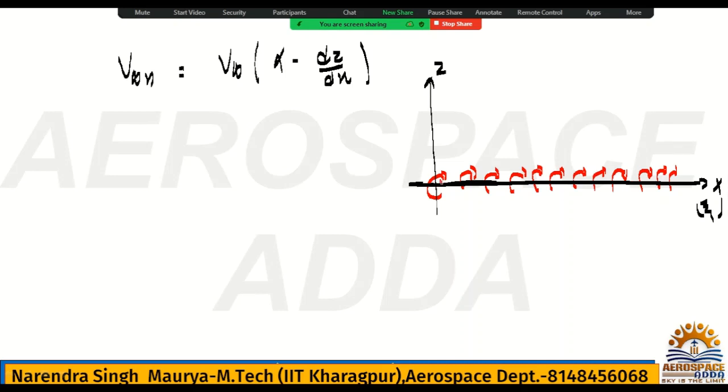okay, this is the vortex sheet now. Okay, and the velocity component will be perpendicular to this chord line, and it is w. Yes or no?